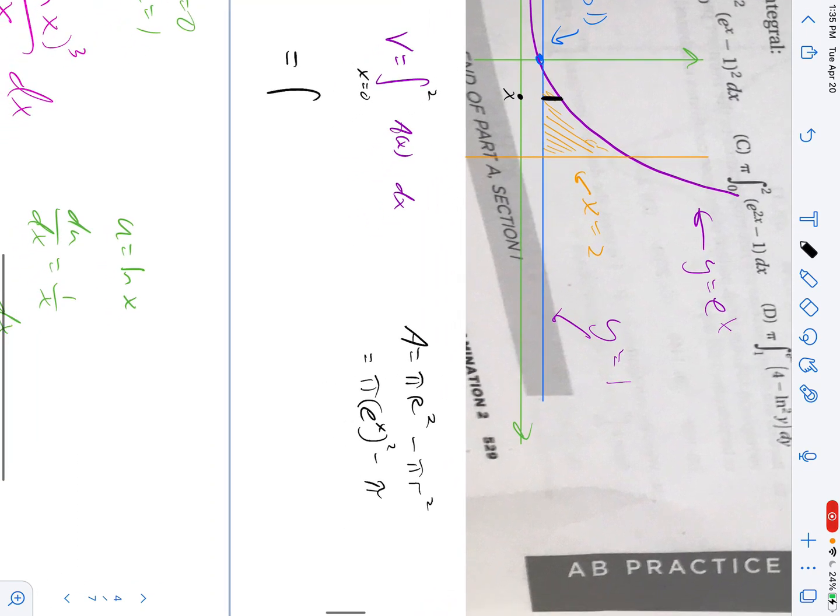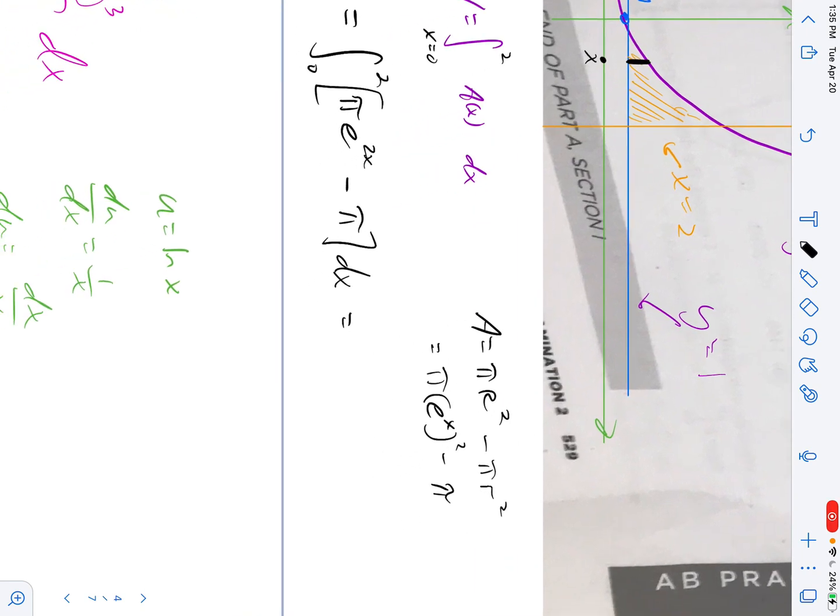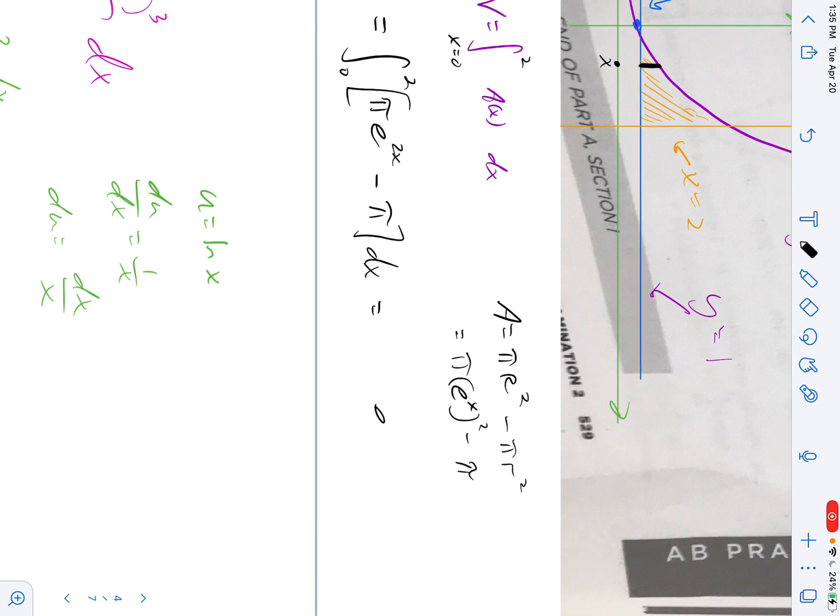So we are taking the definite integral from 0 to 2 of pi times e to the x squared, which I'll write as e to the 2x, minus pi. What's our antiderivative? Well, e to the 2x is kind of its own derivative and its own integral. But if I took the derivative of that, there would be an extra 2 that I want to cancel. So you can check. If you take the derivative of this by chain rule, you get pi times e to the 2x. Pi is a number.